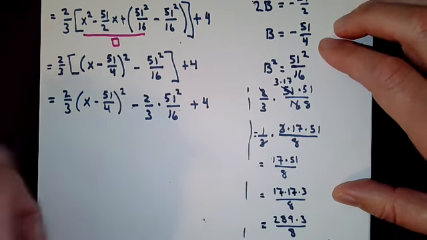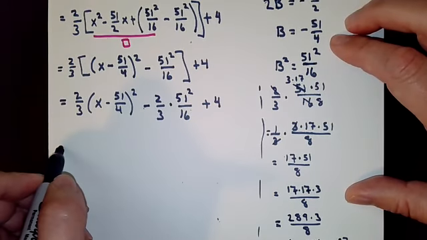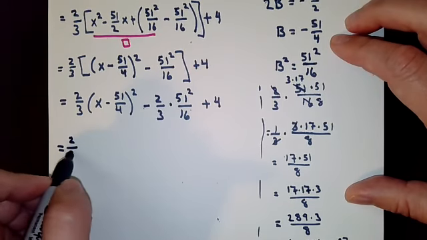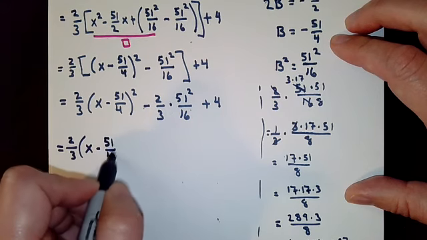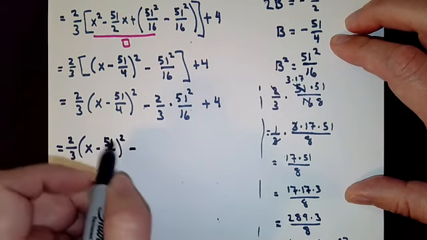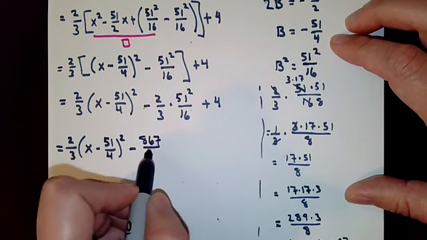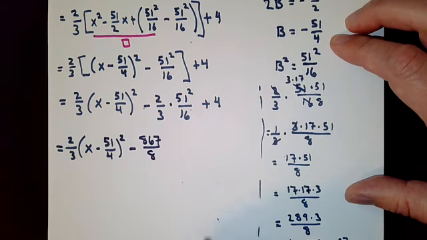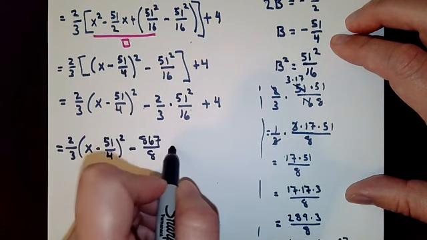Okay. And it was going to be negative. Sorry about that. Just goes to show. So we get negative 867 over 8. I'm going to be embarrassed if there's a mistake in that calculation.